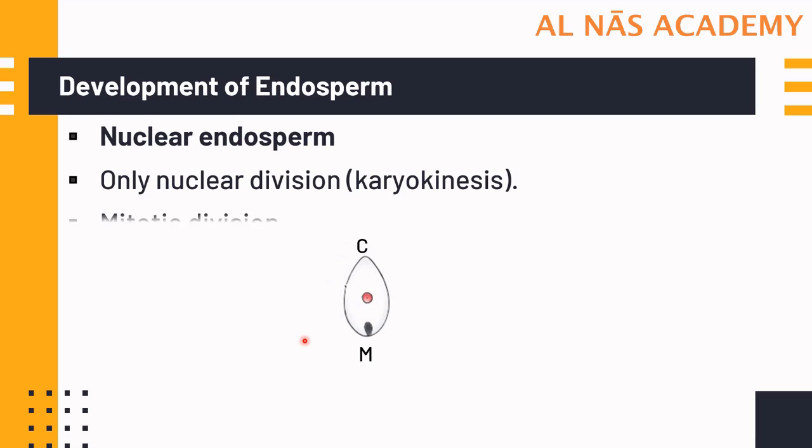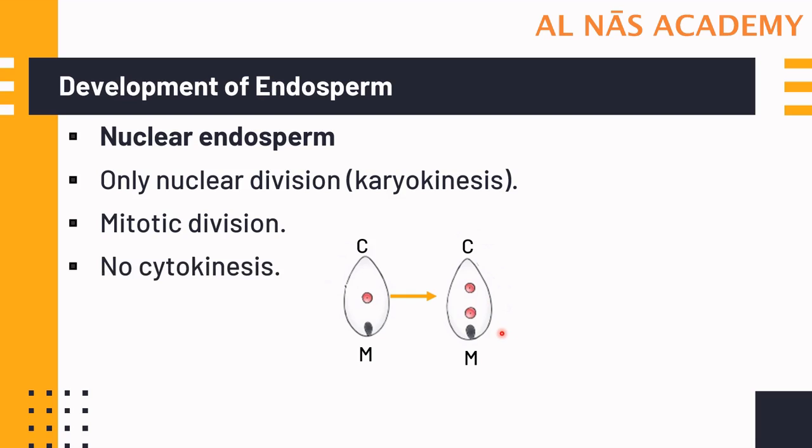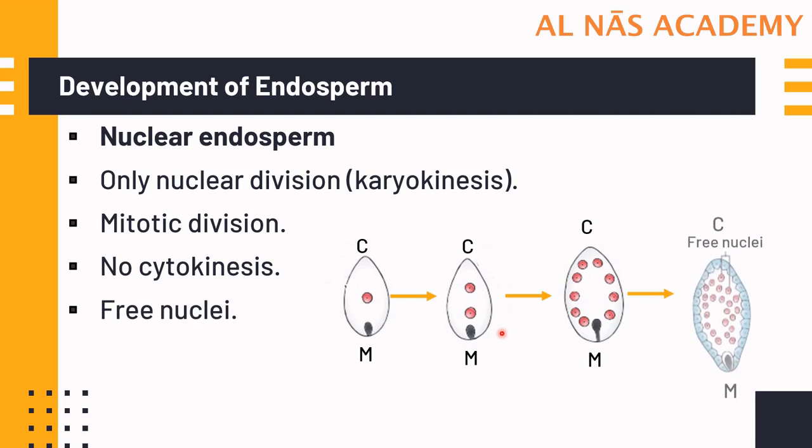The cell becomes bigger, and many triploid nuclei are formed only through nuclear division, which is mitotic. There is no cytokinesis. Here you can see the nucleus dividing through mitotic division, and no cytokinesis is taking place.